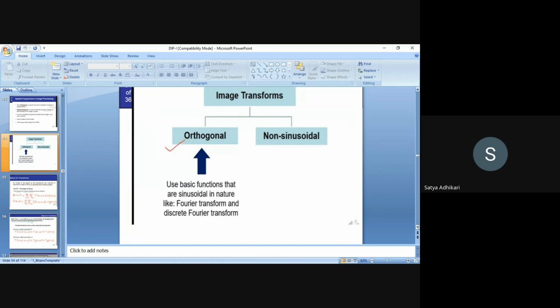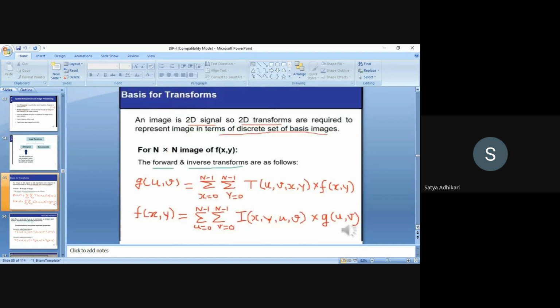Image transformation, orthogonals. So as you know, what is transformation? Why do you need transformation? Transformation is nothing but converting a signal or an image from one domain to another, one form to another.